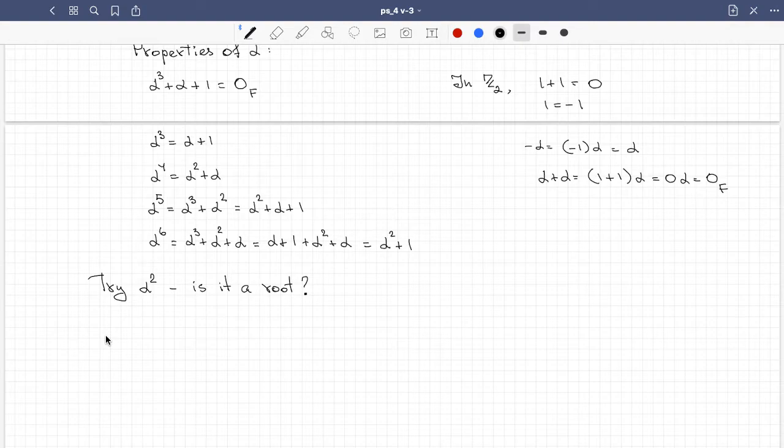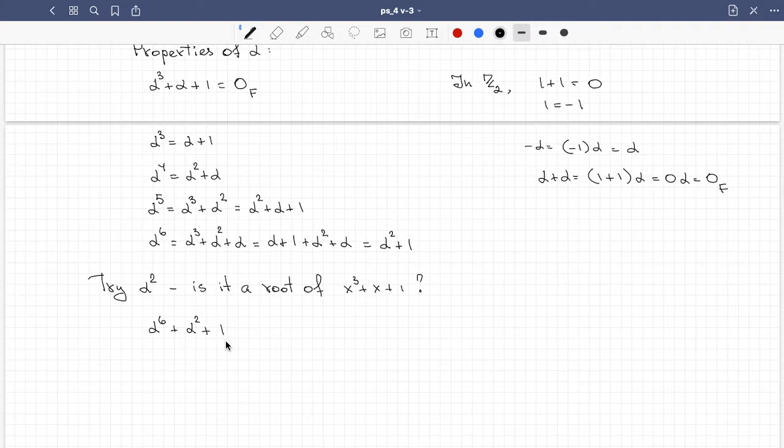Is it a root of our polynomial? Our polynomial is x cubed plus x plus 1. Plug in alpha squared: alpha to the 6, plus alpha squared plus 1.